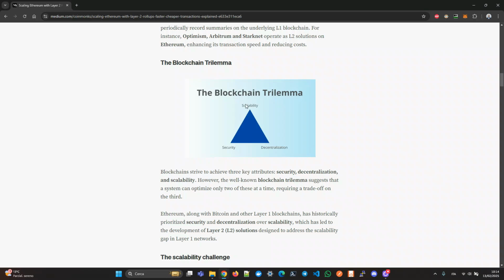So this basically means that if I create a new blockchain, I can only improve at the same time security and decentralization, but I cannot have scalability, or I can address security and scalability, but I cannot improve decentralization.